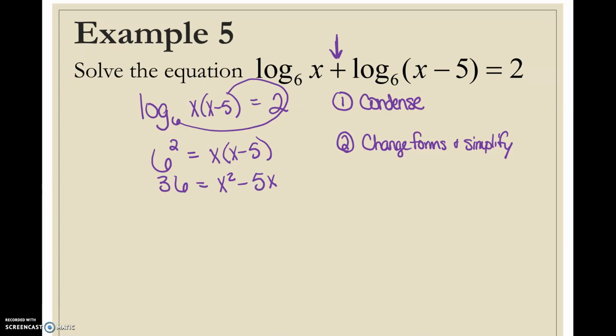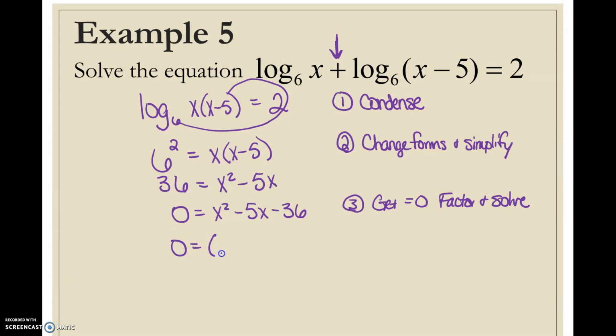It's possibly our favorite thing in the world to do. We're going to have to factor. So we want to get 0 on one side so that we are ready to factor. So get 0 on one side, factor, and solve.